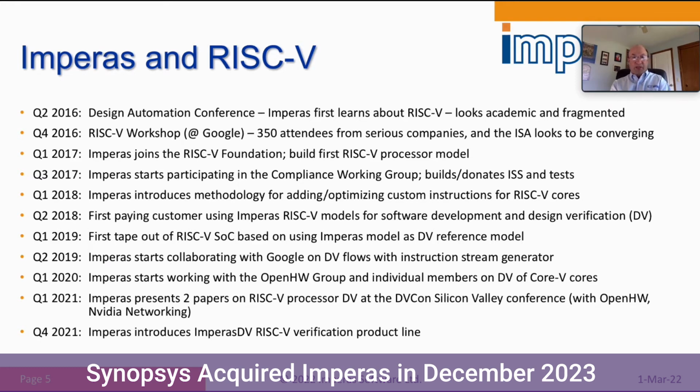That was an interesting one. The 2020 DVCon actually was the last time I was with people before lockdown. And then Q4 of last year, just before the RISC-V summit, Imperas introduced the Imperas DV RISC-V verification product line. And I think Kevin mentioned a couple of new announcements that we made this week.